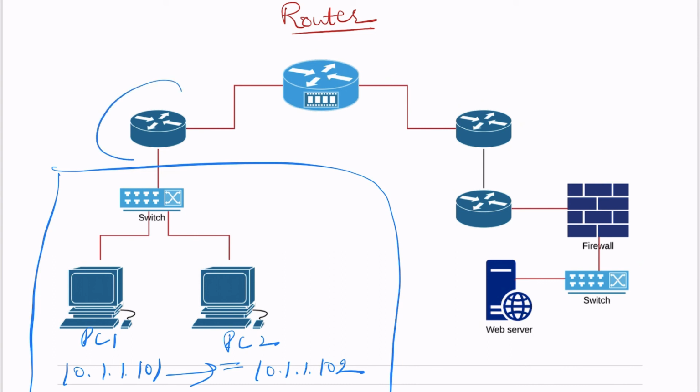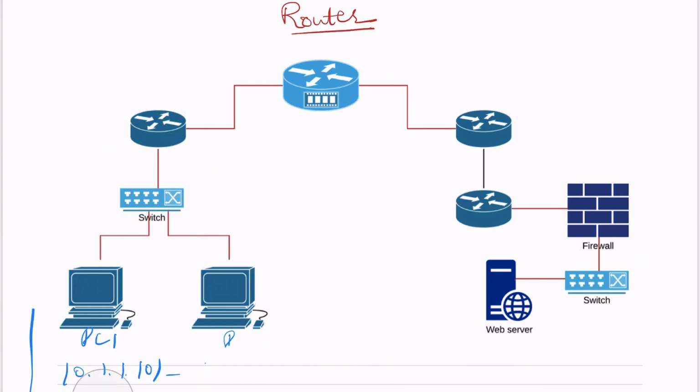So it doesn't need to go to this router. Traffic will start from PC1, go to the switch, then PC2. So router is only used for inter-network communication. That's it. You will know more about it when you get hold of the console of the router. So friends, I hope it's been informative to you. Thank you so much.